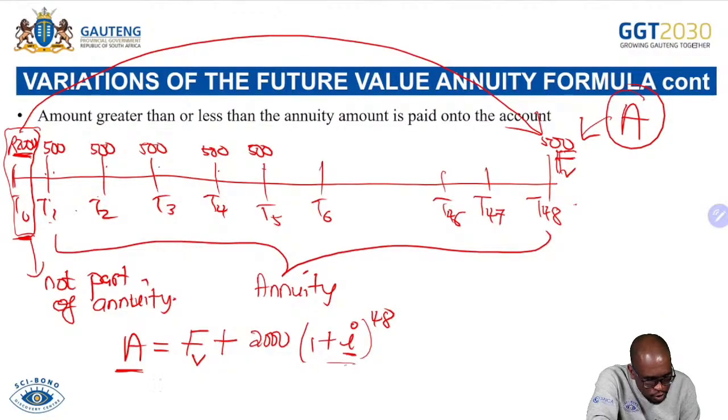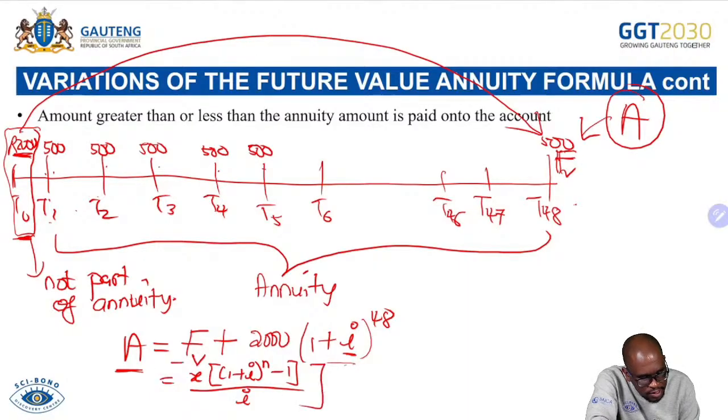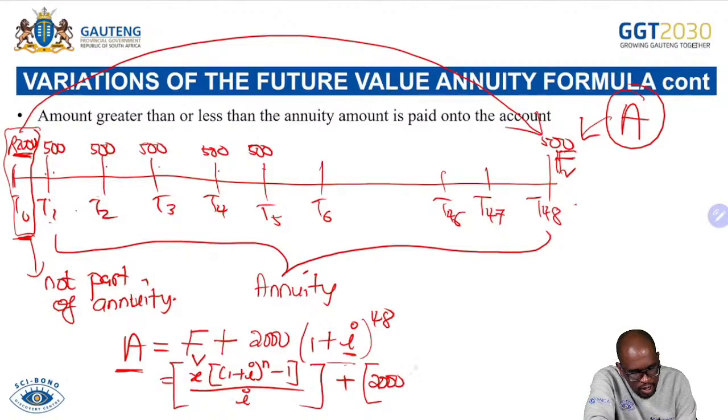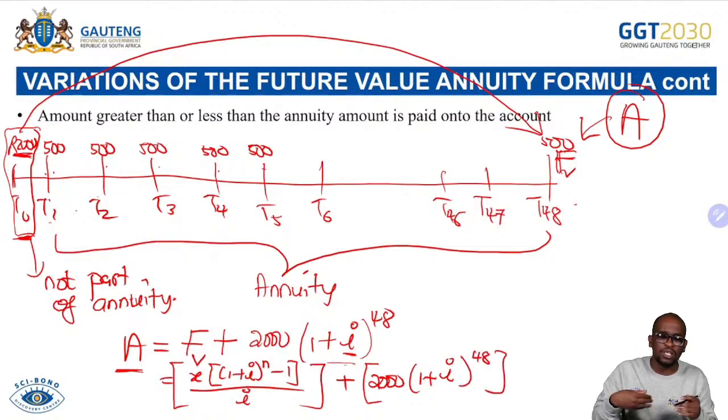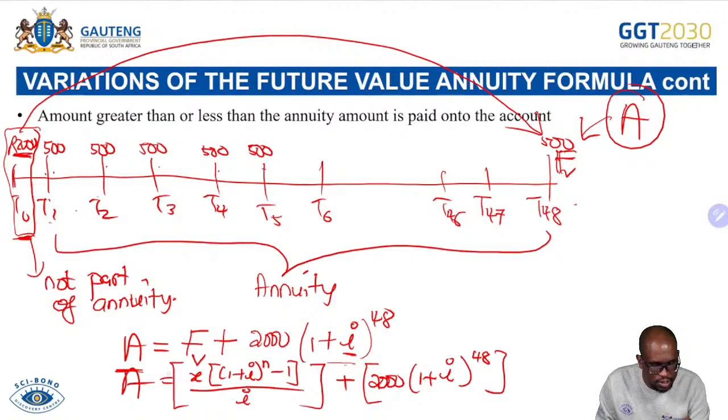For the future value, you'd use the formula X into 1 plus i to the n minus 1 over i, plus now you'll have this 2,000 here, which is 1 plus i to the power of 48. So this will give you the accumulated amount.